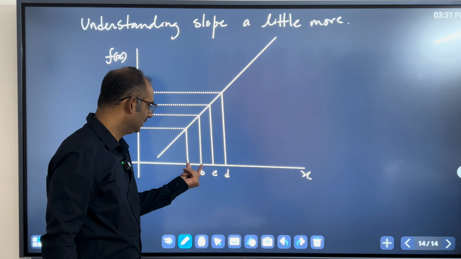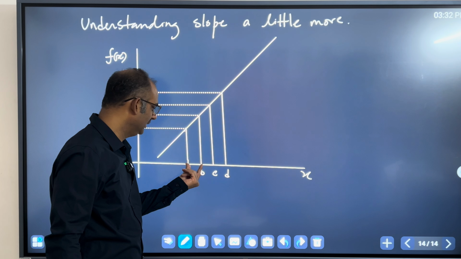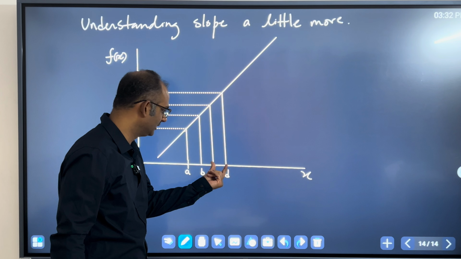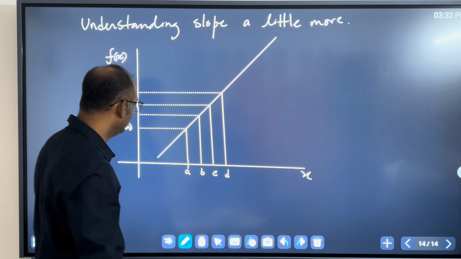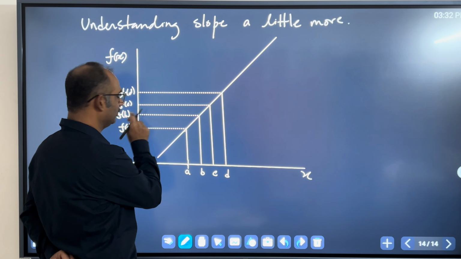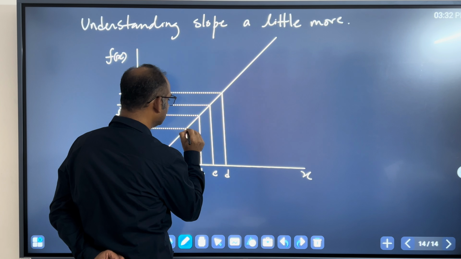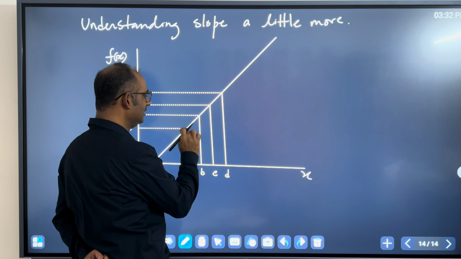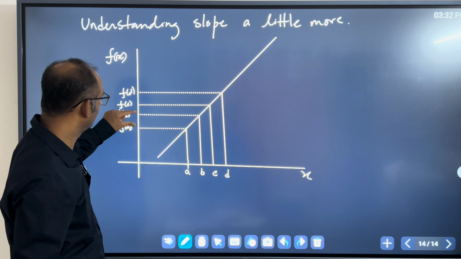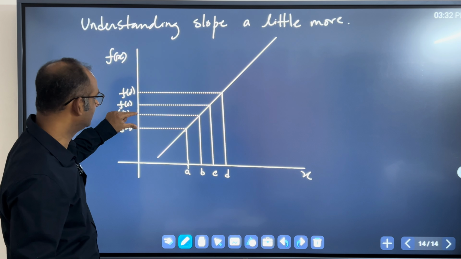Here these intervals are equal. So the distance between B and A is the same as the distance between B and C, same as the distance between C and D. Now when you go from A to B, the value of the function goes from f(A) to f(B). What's the change in the height of this function, the value of the function? The change is this much, f(B) minus f(A). That's the change.